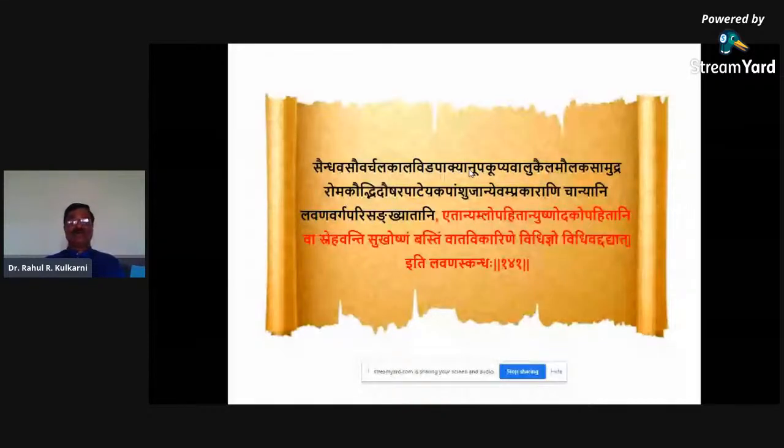You can see all these 12 types of lavanas in the lavana skanda explained in the 8th chapter of Vimana sthana. So these types of salt along with Nagara, that is Shunti, and twice the quantity of this churna, the Trivrut churna, has to be taken and mixed with Ushna Jala and administered for effective purgation or Virechana karma.